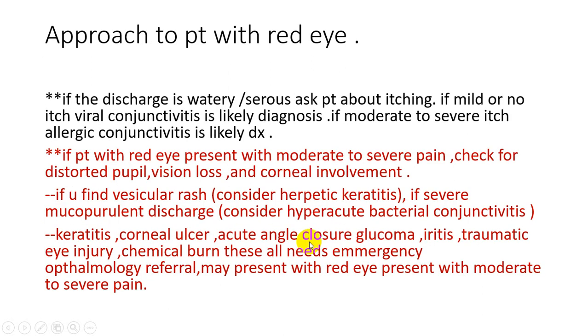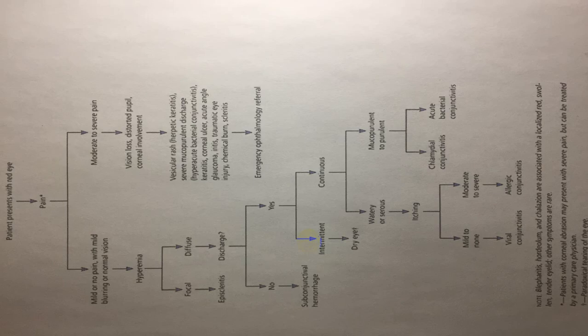Now, how do we approach a red eye? If the patient presents with red eye and there is pain, you will assess what type of pain it is. Is it mild or no pain, with normal vision or mild blurring of vision? Then you will check for hyperemia.